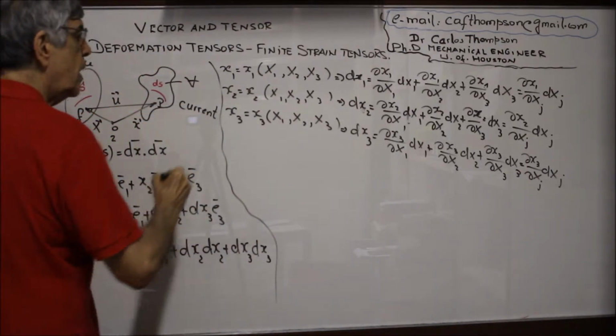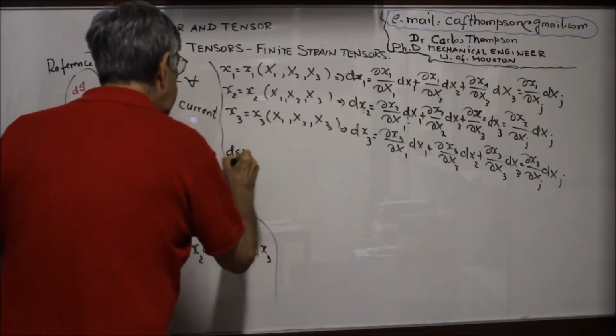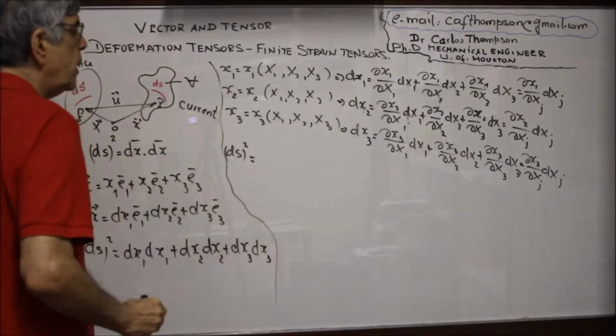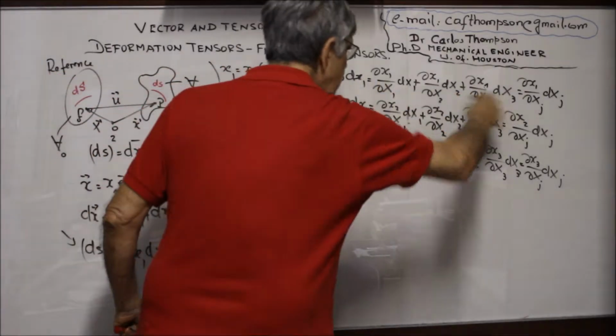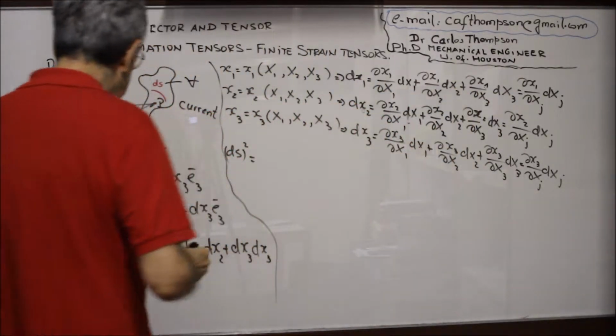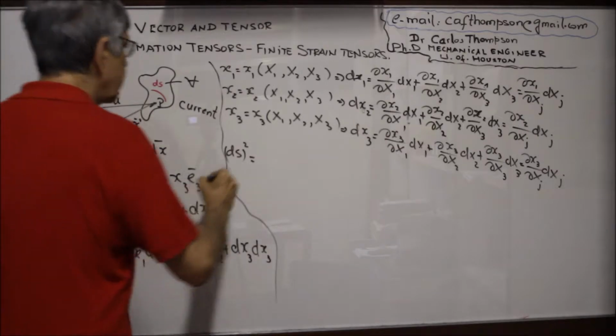You see, ds squared will be, now I will write those components here for you to understand, dx1 dx1.